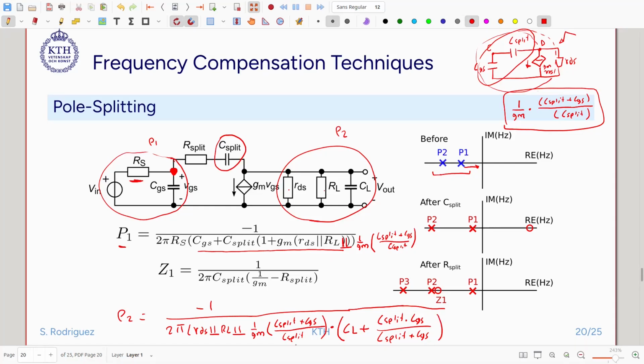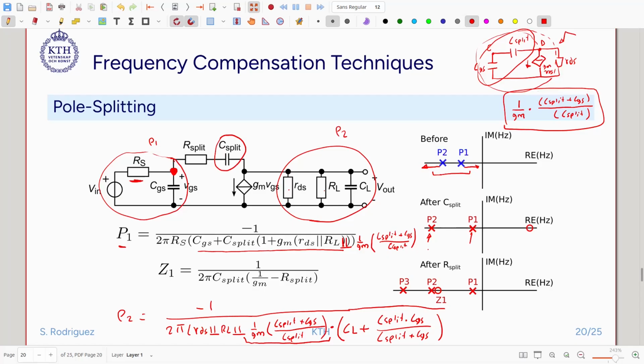Depending on the values of these capacitances, they might not really change much, and CL might dominate. But this part here is very important because it may reduce the output impedance a lot, and it sends this node to a higher frequency. So pole 1 has been moved to a lower frequency, and pole 2 to a higher frequency. Okay, so that is the effect of pole splitting.